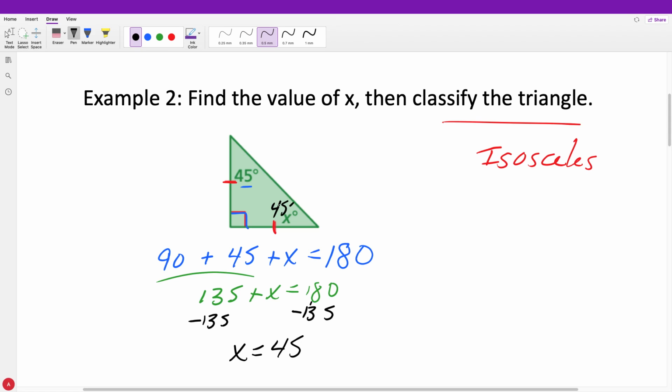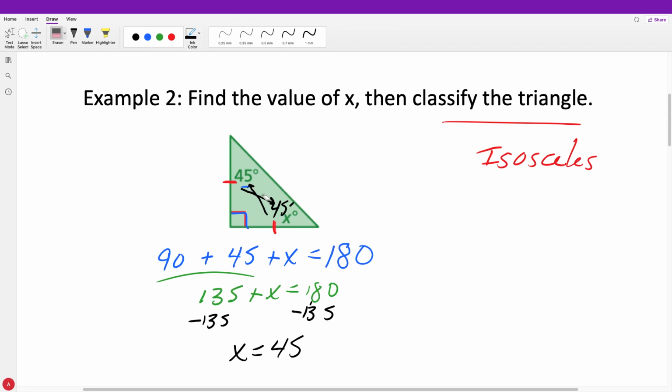So now, what do you notice about this real quick? Both of our angles are the same, and both of the sides opposite those angles are also the same. So one of the things that we can also, in the last question that we did, if two sides are the same in a triangle, the angles opposite of them are going to also be equal. It's nothing that you need to know now. But if none of our angles are the same, that means none of our sides can be the same either.